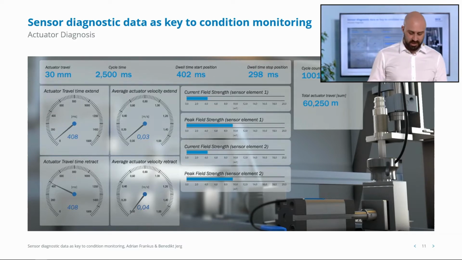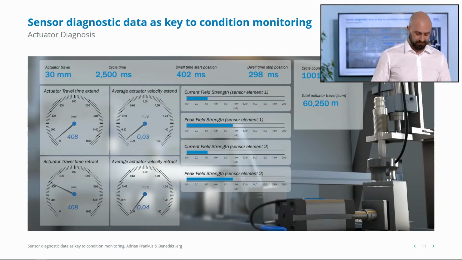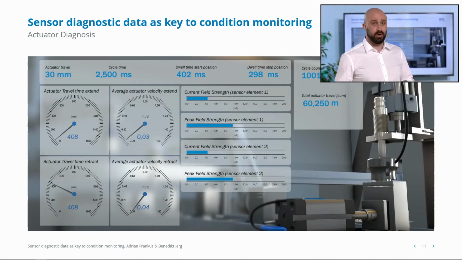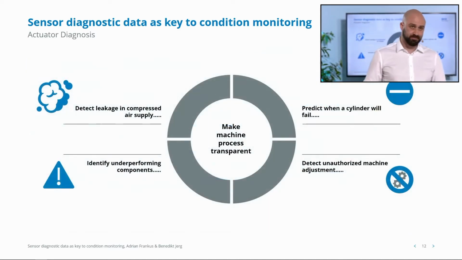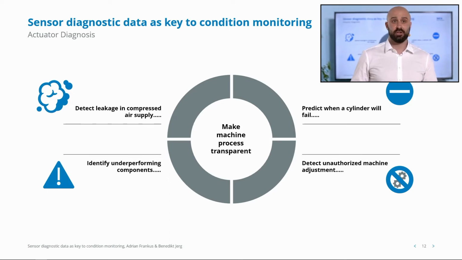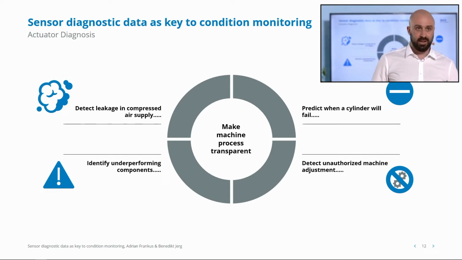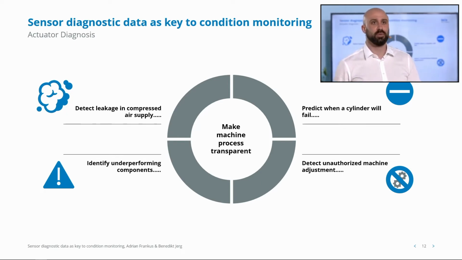This picture shows the actuator diagnosis dashboard as already seen during our live session. Let us give you now 4 examples: the detection of leakages, the prediction when a cylinder will fail, the identification of underperforming components, and the detection of unauthorized machine adjustments. Let's start with the first possible behavior.